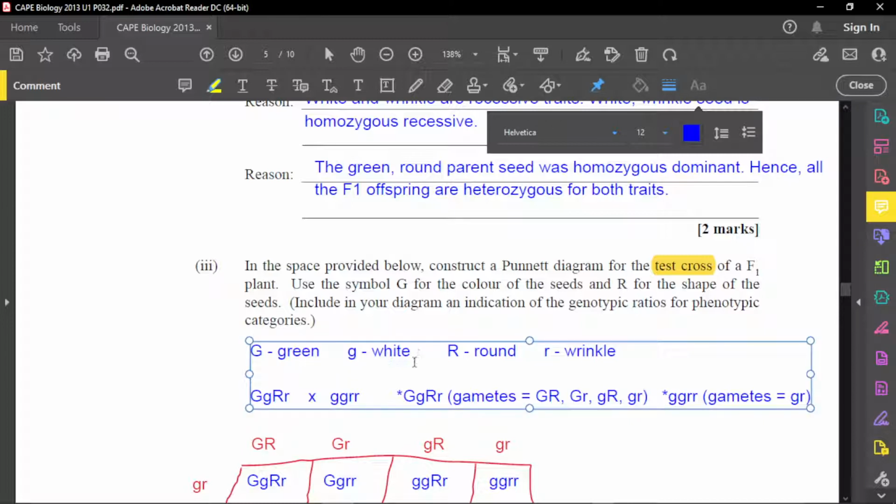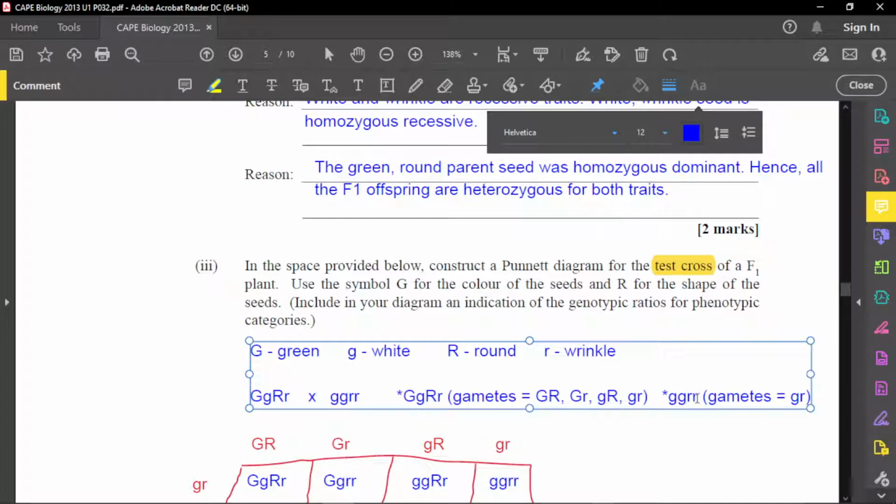All right? So what will happen here now? Again, G cannot go with G at all when forming gametes, period. Just remember that. So the uppercase G could go with uppercase R, the uppercase G could go with the lowercase r, the lowercase g could go with uppercase R, and the lowercase g could also go with the lowercase r. And that's why you have 4 different possible gametes for the F1 plants.